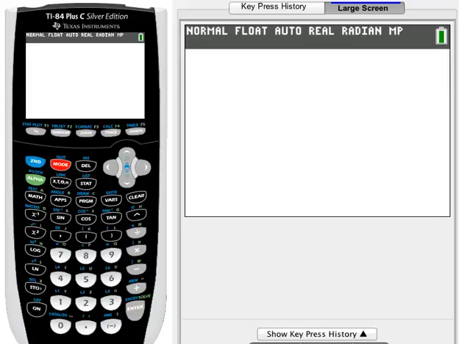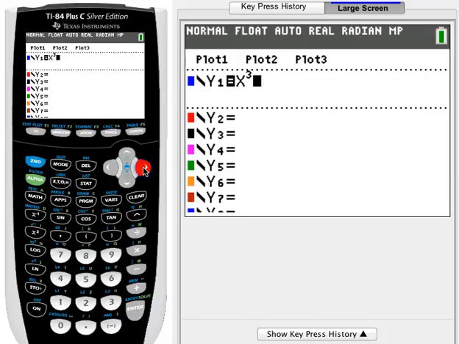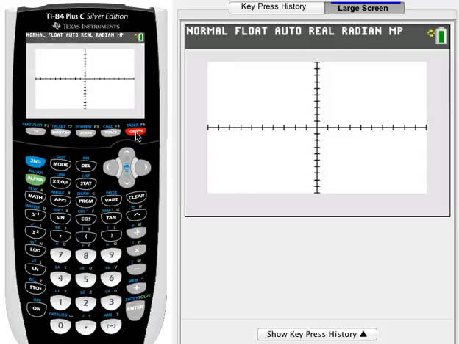I'm going to type that function in: x to the third minus x squared plus 6x minus 6. I'm going to use it to identify a solution.